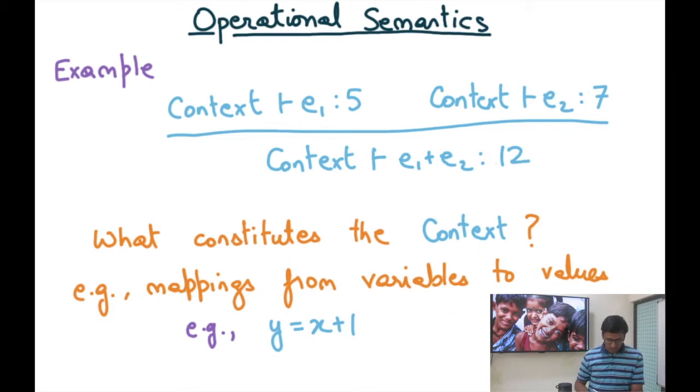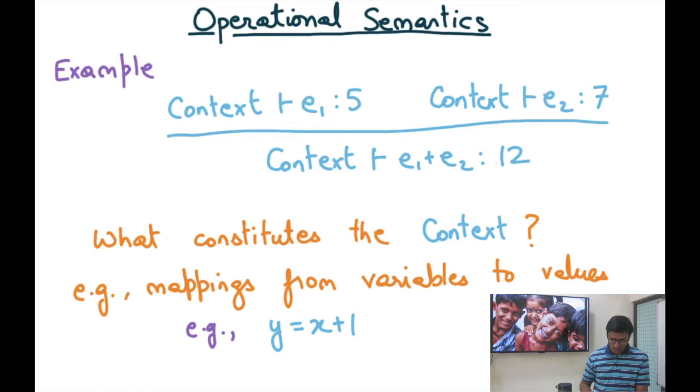For example, I could have E1 to be X and E2 to be 1, and this expression X plus 1 can only be evaluated if the context involves a mapping for X. All right, and this would basically tell you the way to evaluate X plus 1, assuming that you can already evaluate X and you can evaluate 1. And similarly, you can evaluate bigger expressions out of smaller expressions. So it's just like we were talking about typing judgments.